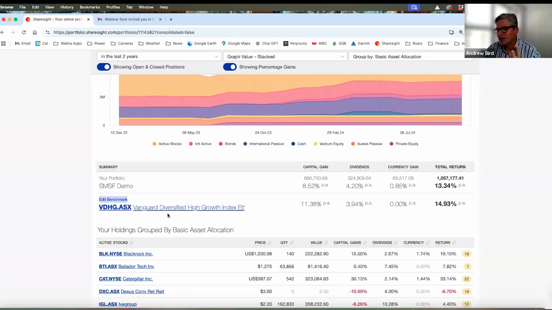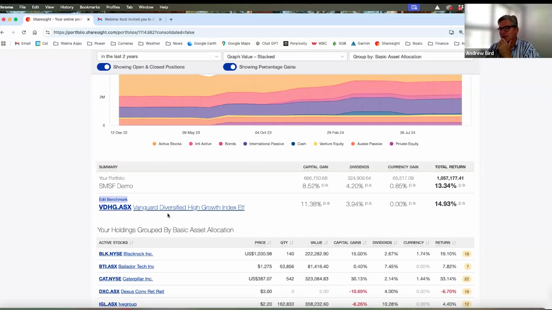So it's got a high allocation to international equities and Australian equities. It has bonds, some property, but a relatively low allocation to that. And to me, that's a good benchmark and asset allocation target to measure myself against.